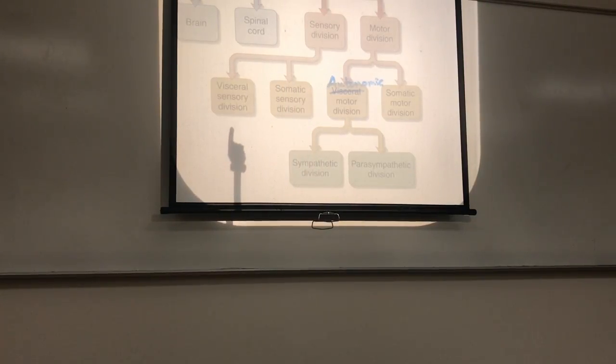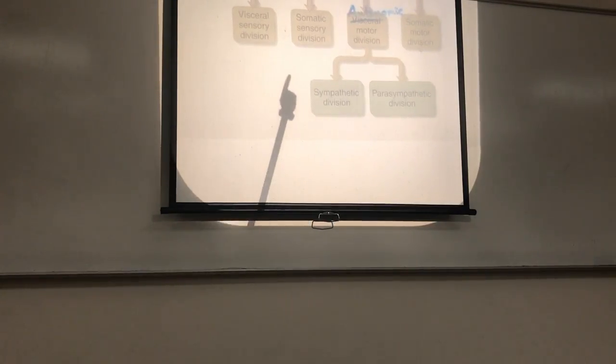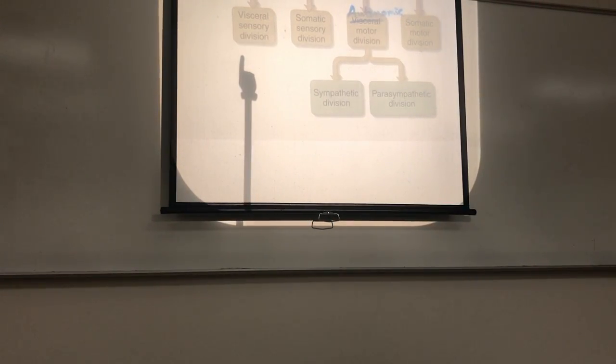And the sensory division itself is then subdivided into senses that are coming out of your internal organs, like the liver, and the kidneys, and the stomach, and the intestines. This is called the visceral senses. Now, you're not typically super aware of these. They're not usually reaching your conscious level. In the lab, when you're looking at the brain, they talk about how the thalamus is a relay center for sensory input.